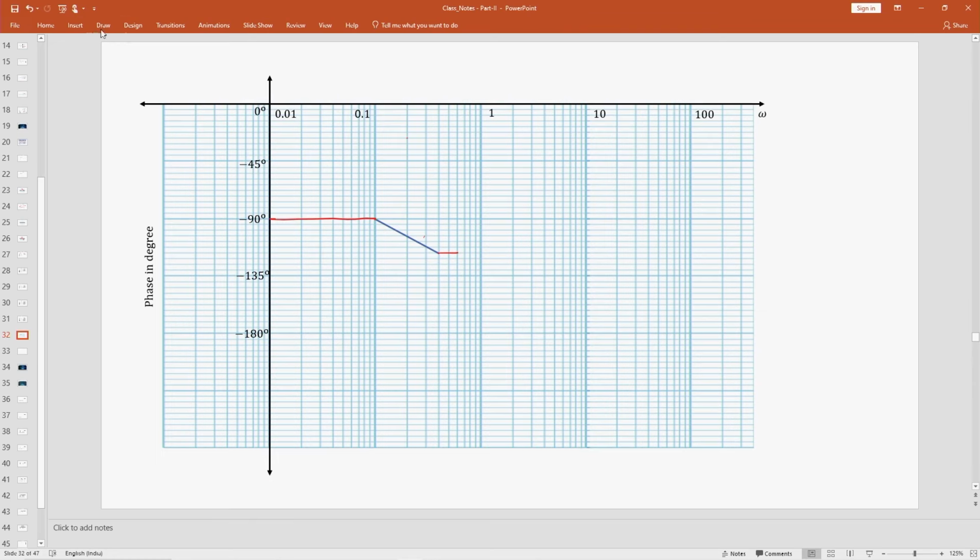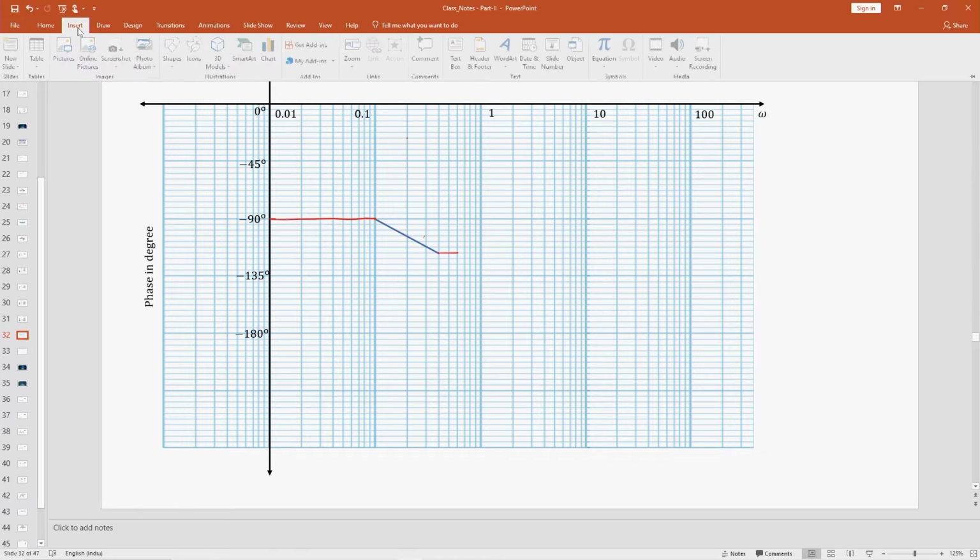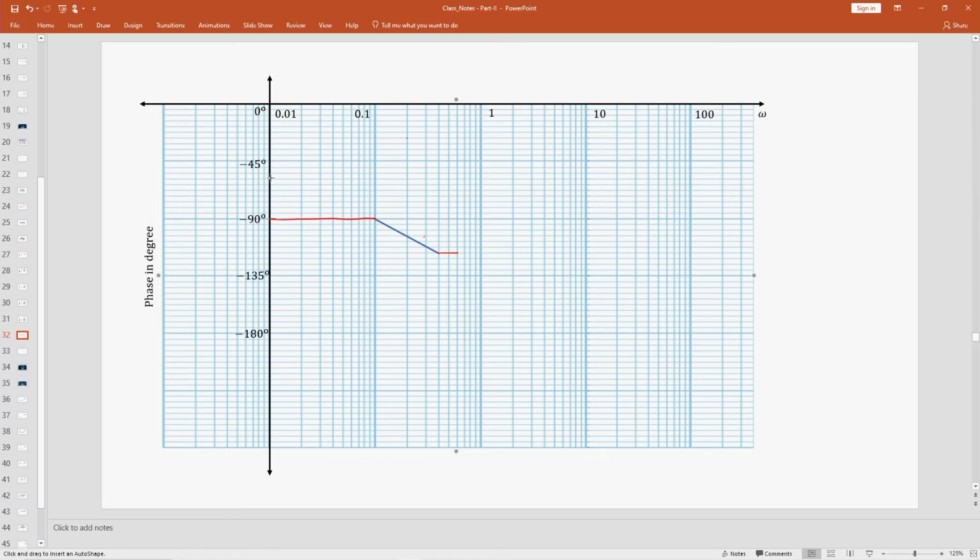So, again you go for a minus 90 line per decade. So, this is a minus 90 per decade line. So, then this will go up to 10. So, let me just make it a bit larger, yeah. So up to 10.